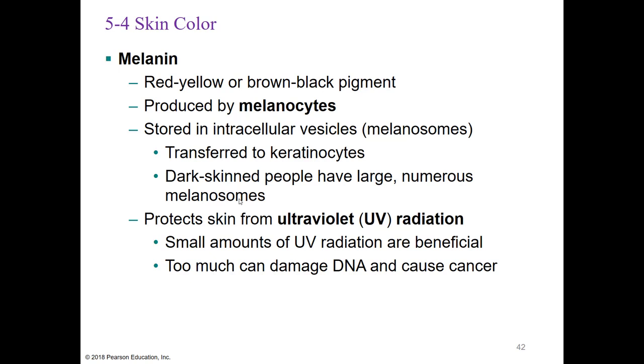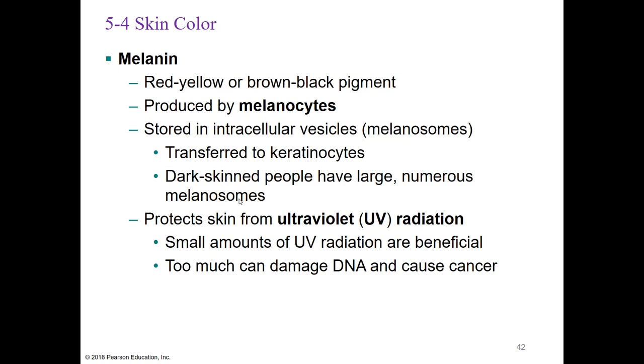The differences in skin pigments do not actually reflect different levels of melanocytes, but how much melanin is actually made. So a darker skinned person doesn't necessarily have more melanocytes, but their melanocytes produce more melanin than a fair skinned person.